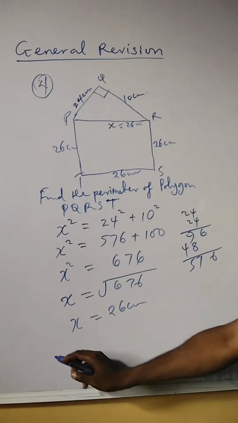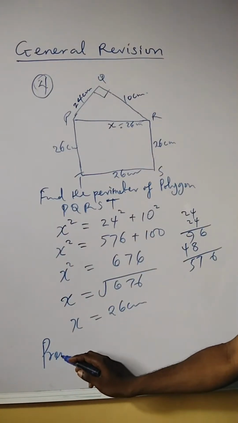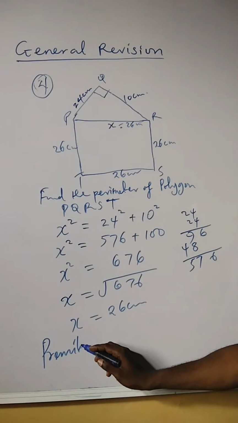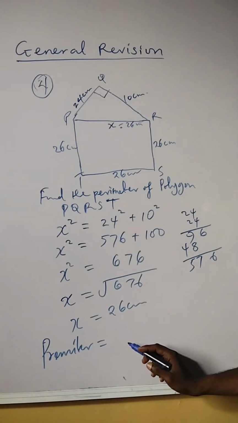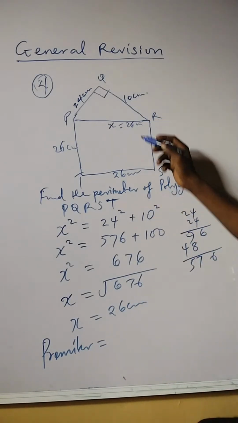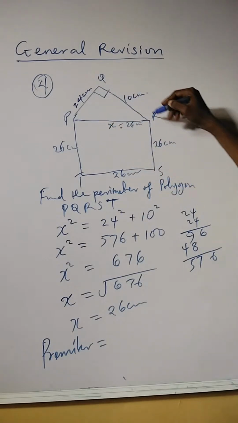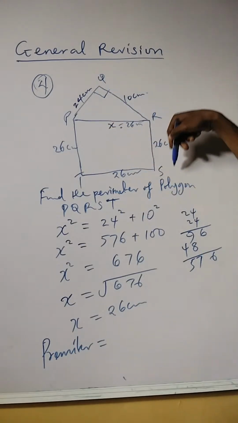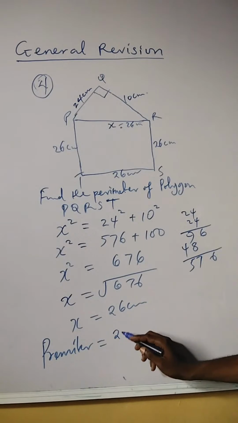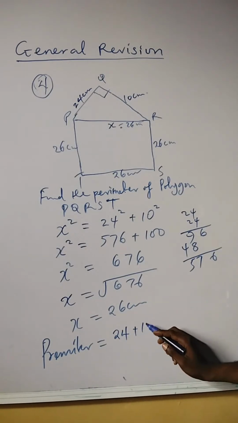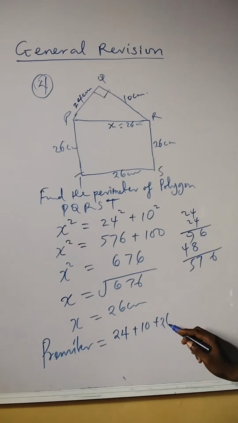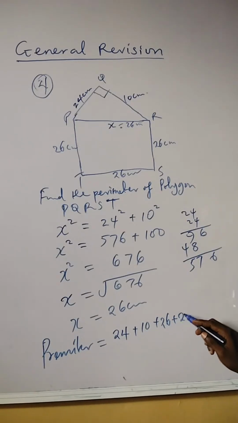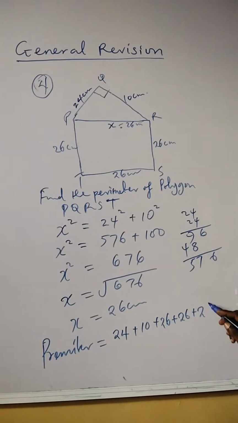Now the perimeter of that polygon is equal to, anyhow you arrange it, is welcome. You can start the way it is, PQRST. We have 24 plus 10 plus 26 plus 26 plus 26, making 5 sides: 1, 2, 3, 4, 5.